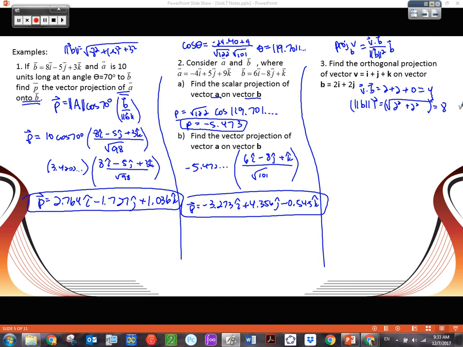Okay, so that's our magnitude of B squared. So you see what's happening? Squaring a magnitude is just negating the square root.